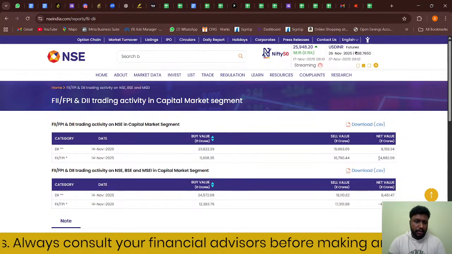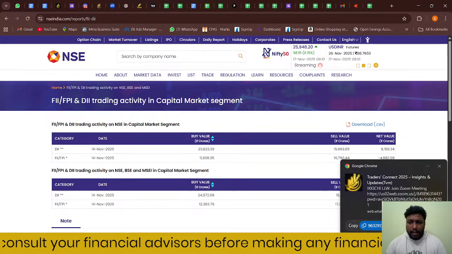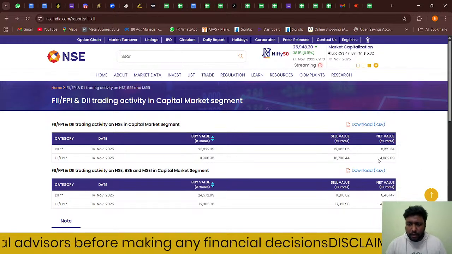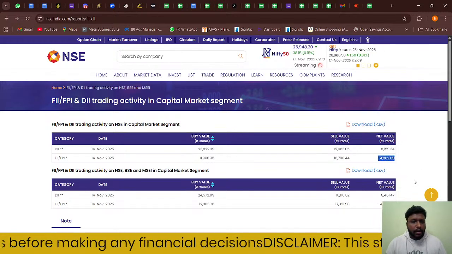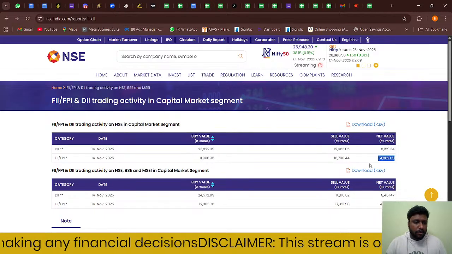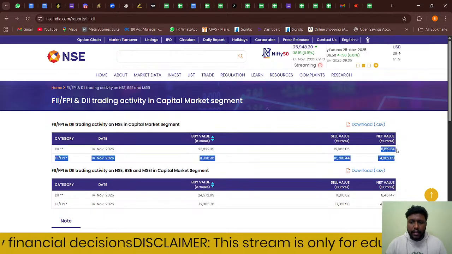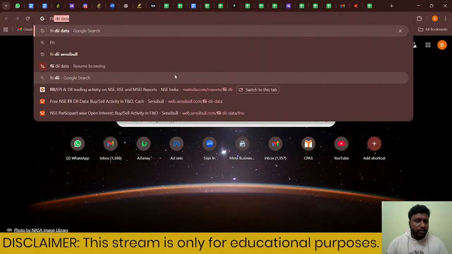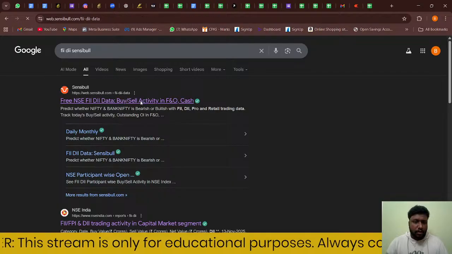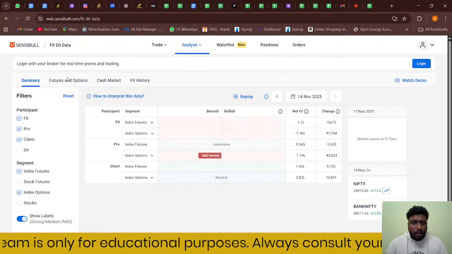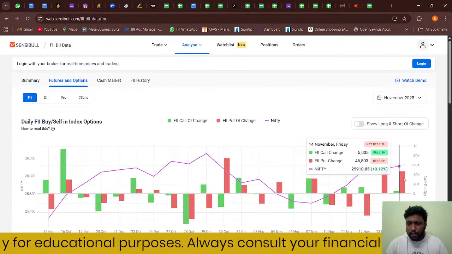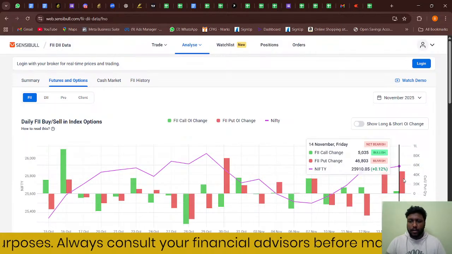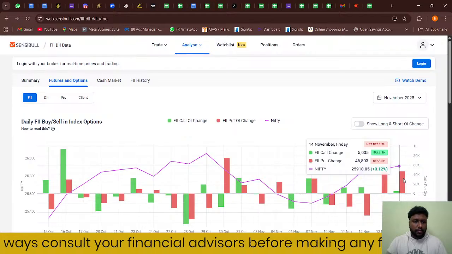For the records, FII has been continuously selling for the past 1 week, and similar to that, on Friday they offloaded nearly 5,000 crore from the cash market, and similarly DII added up to 8,000 crore. So we'll have a look at the FII's F&O data as well. If we see, it is net bearish only. On Friday also they have offloaded a very good amount from the F&O side as well.